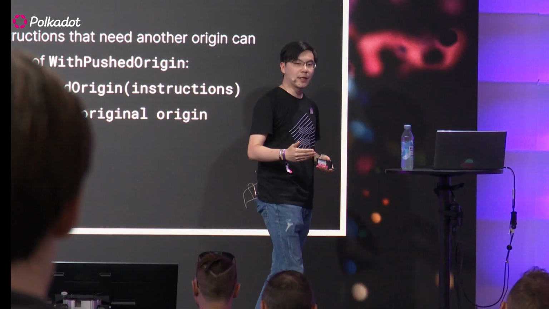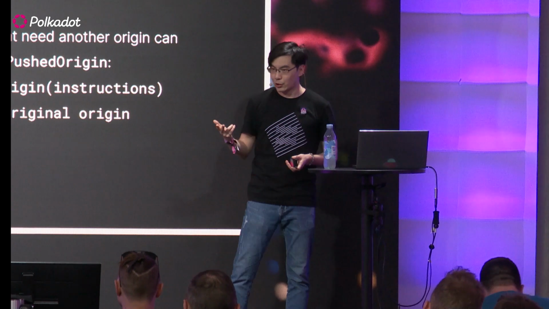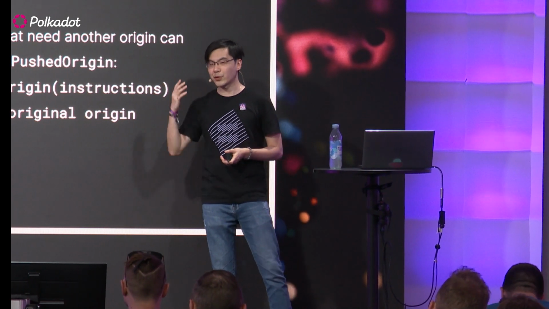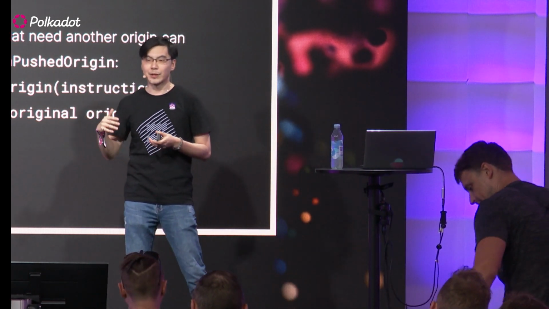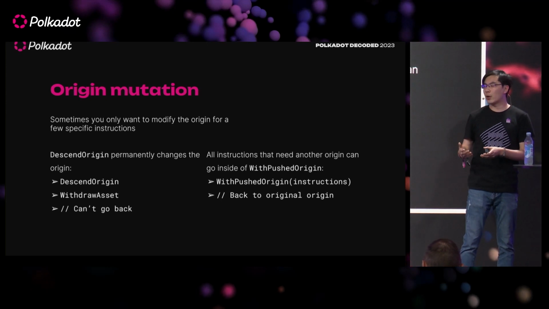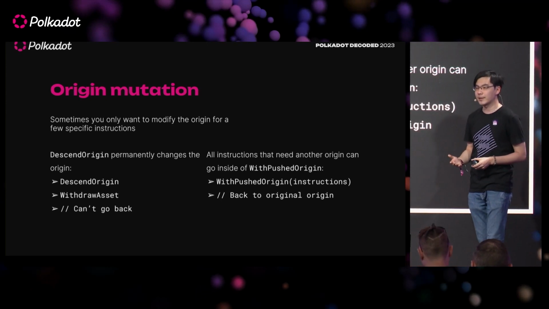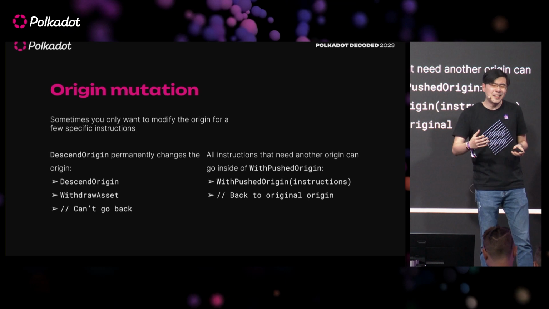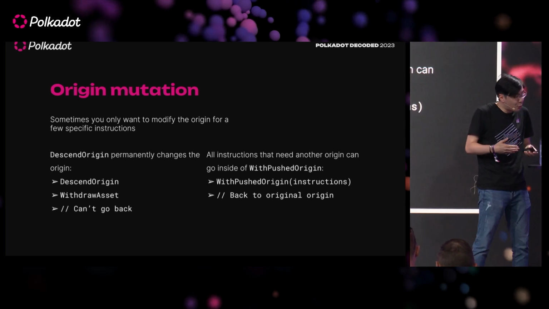When you work with these two instructions closely, you would know that there's always a clear origin instruction that gets inserted by the XCM executor in order to prevent further privilege escalation attacks. But it is needlessly too restrictive.